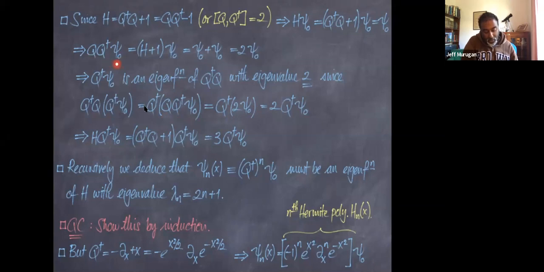But QQ dagger psi naught is 2 psi naught. So that's Q dagger acting on 2 psi naught. The 2 I can pull out. So that's the 2. What's left is Q dagger psi naught. In other words, QQ dagger acting on Q dagger psi naught is 2 Q dagger psi naught, which means that Q dagger psi naught is an eigenfunction of Q dagger Q with eigenvalue 2. Is everybody with me here?